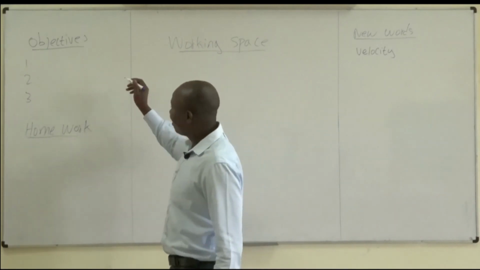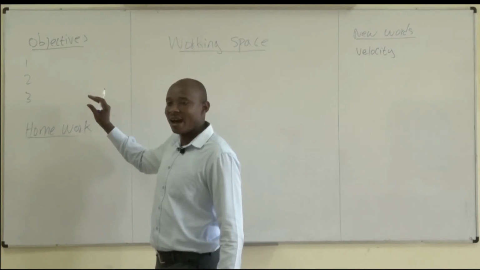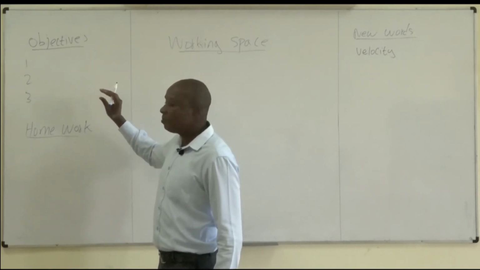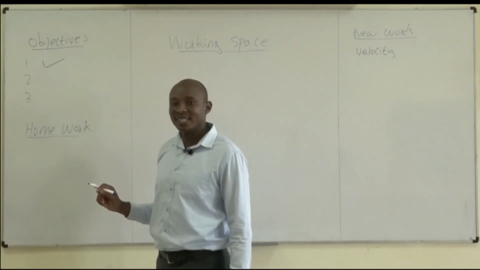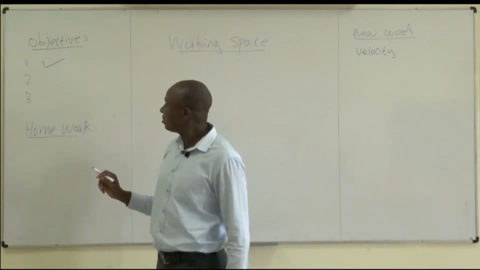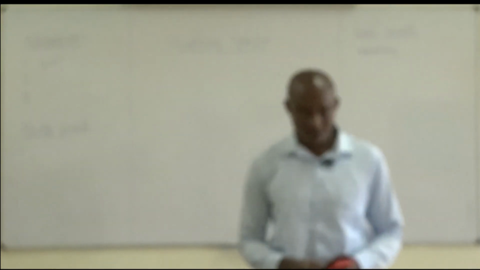After you have conducted a formative check and everybody is on board, you mark that objective number 1 is achieved, and you tell the students, now we are moving to objective number 2.